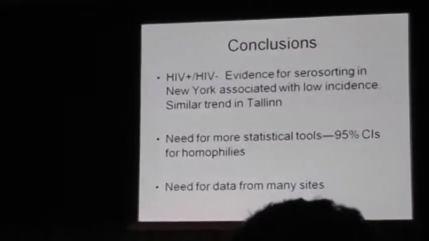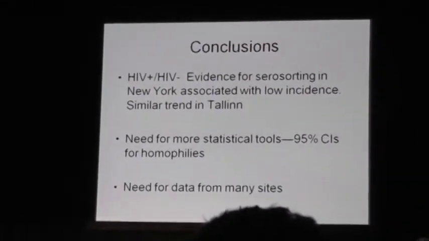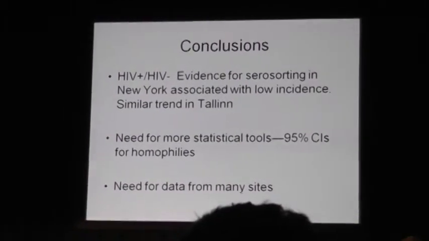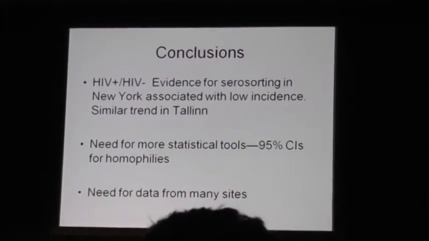And again, we need data from many, many more sites before we can start using homophilies to give us consistent information about HIV distributions. But homophily is one of the most interesting statistics coming out of RDS sampling, and our initial investigation indicates it may provide very useful information with respect to the distribution of HIV in populations at risk.